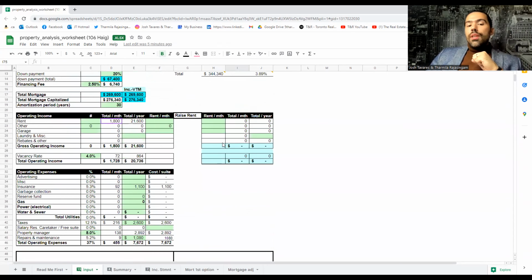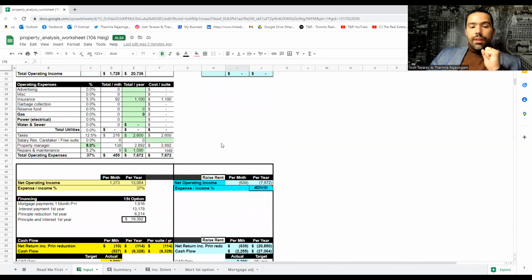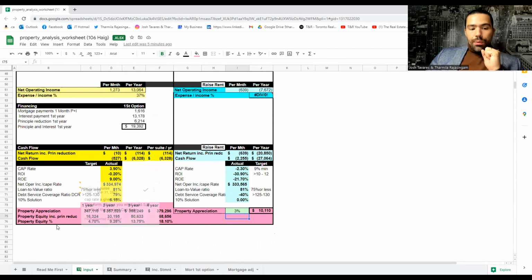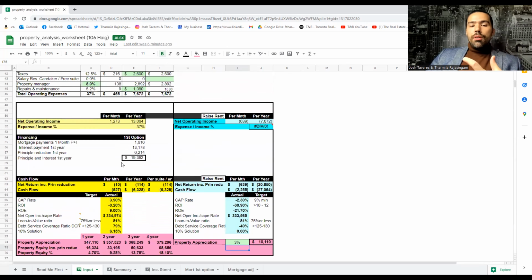And essentially to show your lenders, like, hey, here's the equity we're receiving, and here's what we anticipate in the next 4 years. Here's the principal reduction plus equity. Here's the cash flow we're receiving. Here's what we're getting per suite. Here's our cap rate, to really show them how sophisticated you are, so they can trust you and have the ability to scale and multiply.